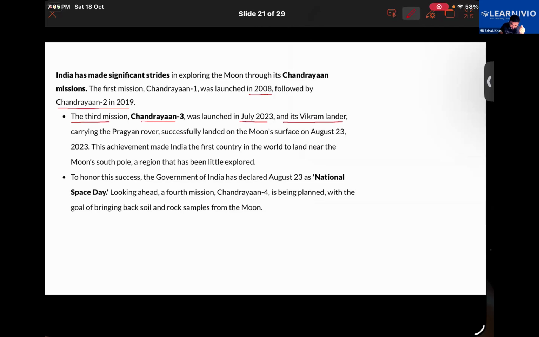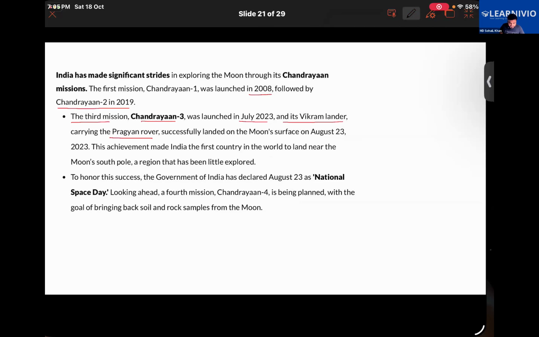It had the Vikram lander that carried the Pragyan rover. A rover is basically a vehicle that runs over the surface of the moon, collecting samples, studying, and looking for the possibilities of life. It will explore the presence of water, etc.